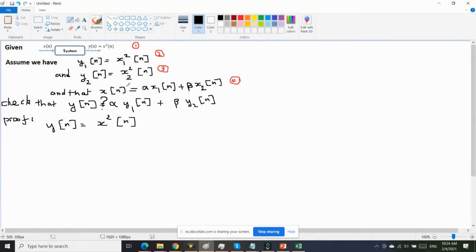This one: I can break x[n] down into x1 and x2.